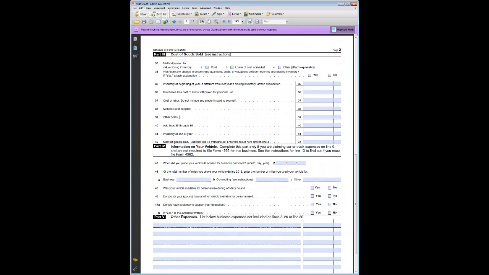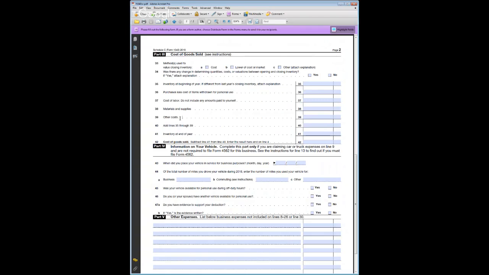Now, other costs, this is just anything else that goes into cost of goods. That would be like, you could put in your PayPal fees, the credit card fees that you pay to the credit card company in order to be able to take credit cards for payment for your business.